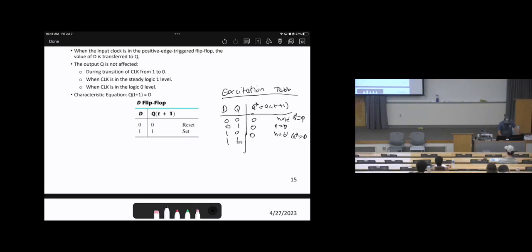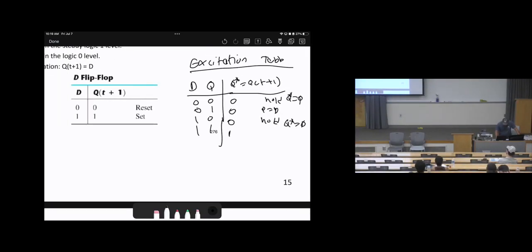If D is 1 and the old Q is 1, this will make it 1. Let me make sure I did it correctly. If D is 1, Q is 1, this will make Q star equal to D. And D here is 1, so this will be 1.